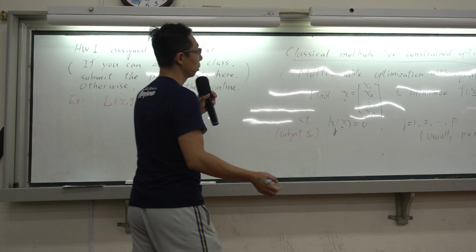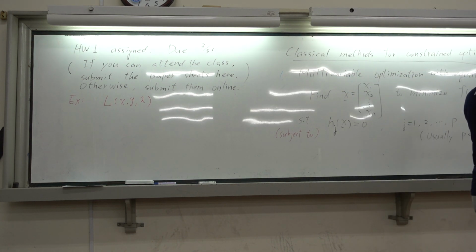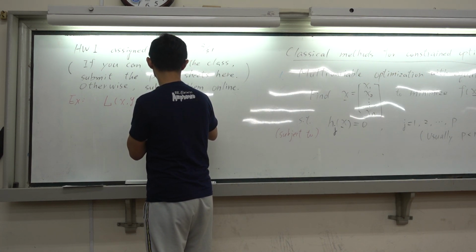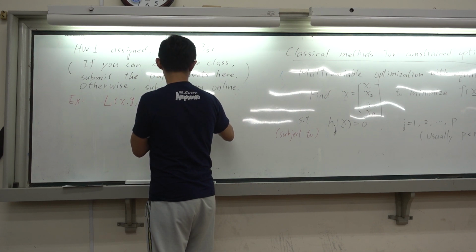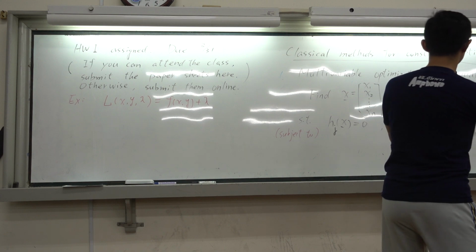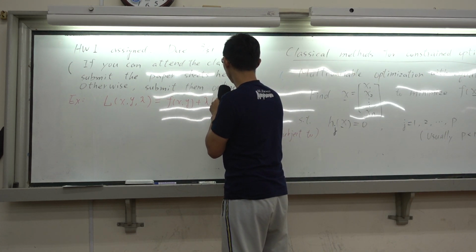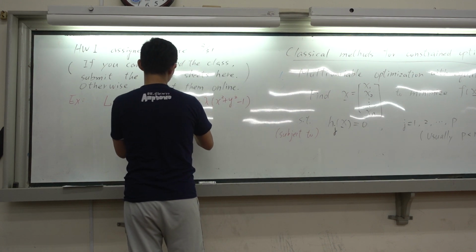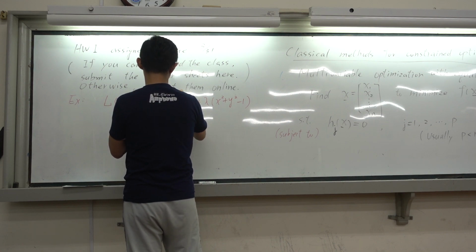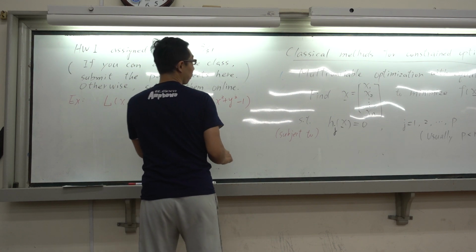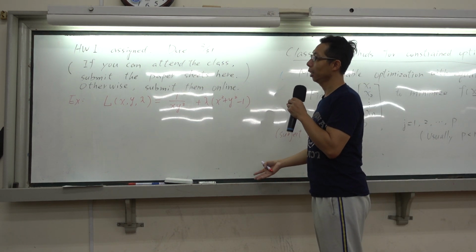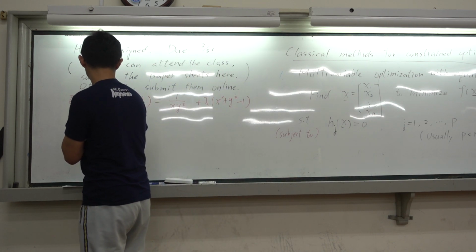There is only one constraint, so only lambda, not lambda 1 up to lambda p; actually p equals 1. Over here we have f of x, y plus lambda times h. H is x squared plus y squared minus 1. F of x, y is 1 divided by x y squared. That's our L.